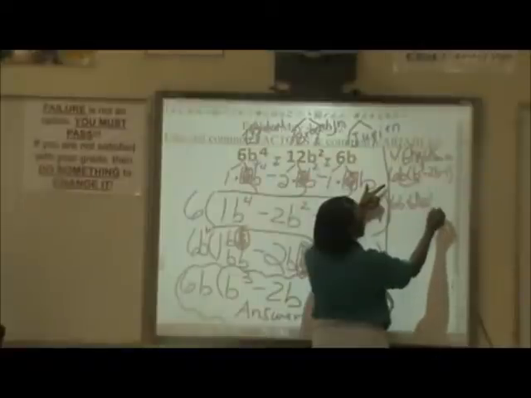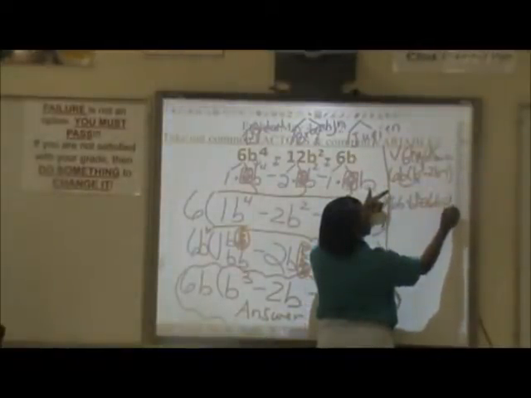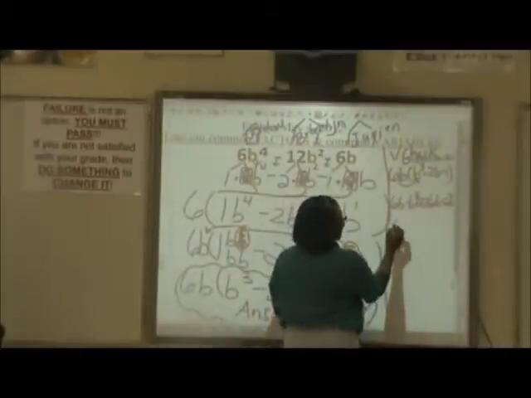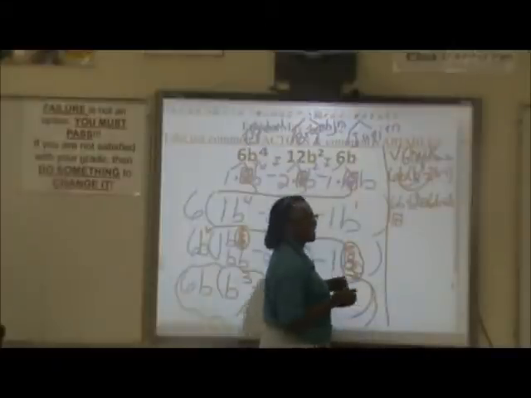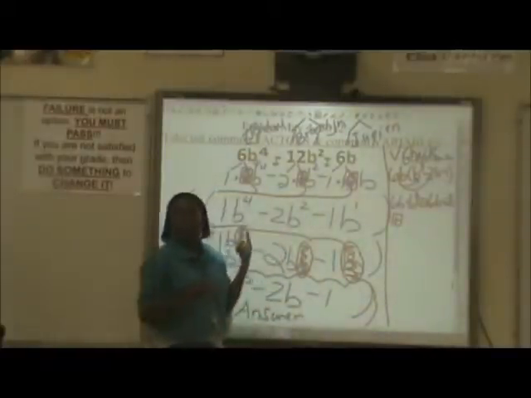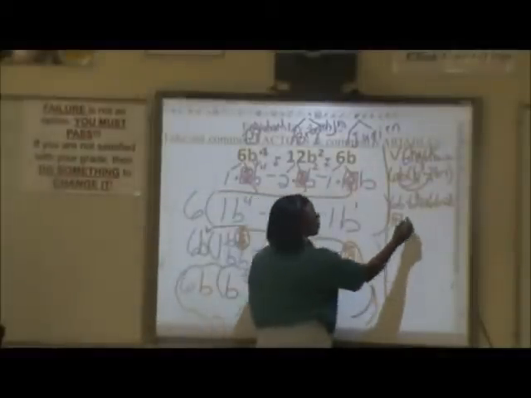But again, it will be 6B, that's correct, times negative 2B. And, so we did 6B times negative 2B. And now what are we going to do, Nicole? 6B times negative 1.